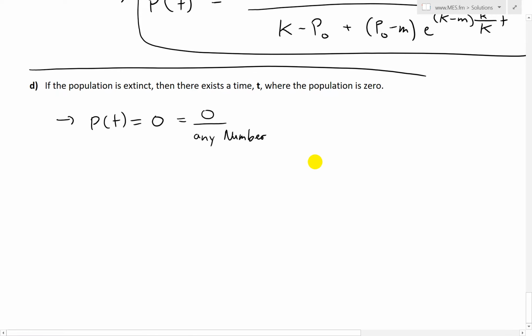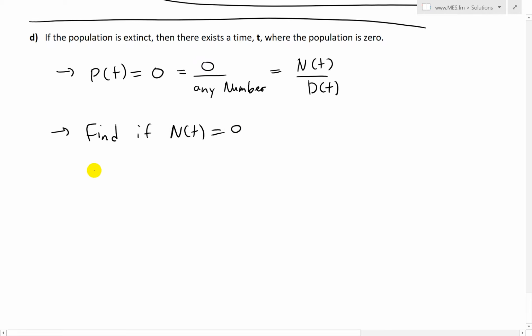So 0 equals any number, and what we'll do is write this as N of t over D of t, which is the denominator. So 0 divided by any number is still 0, so all we have to do is deal with N of t, the numerator. So what we're going to do is find if N of t is equal to 0 at any point. Let's write down our numerator.